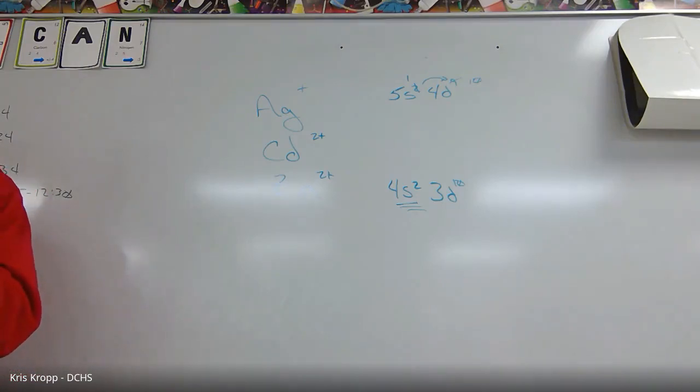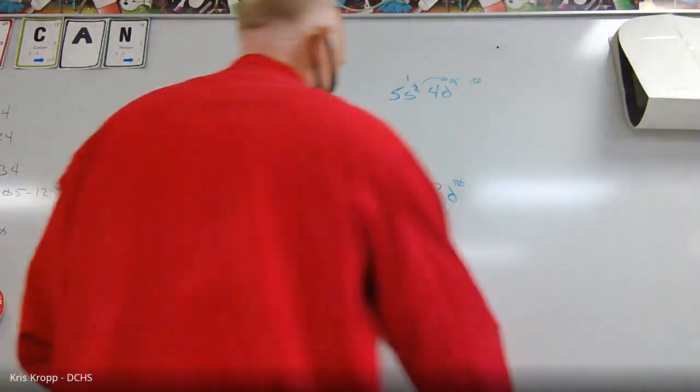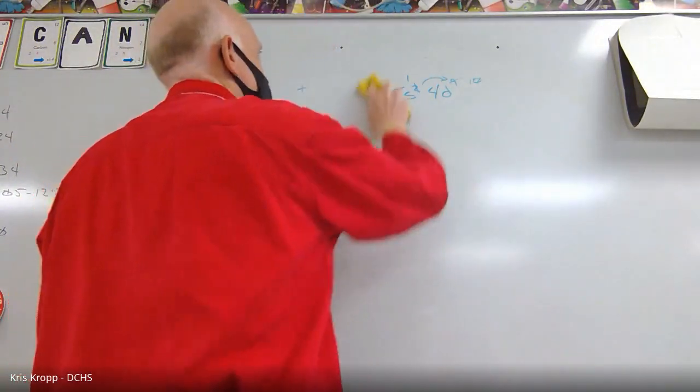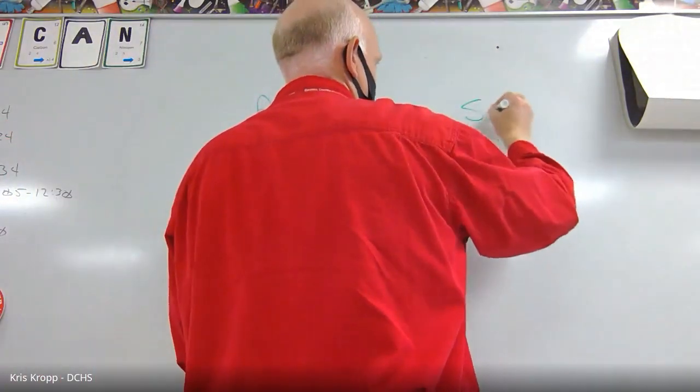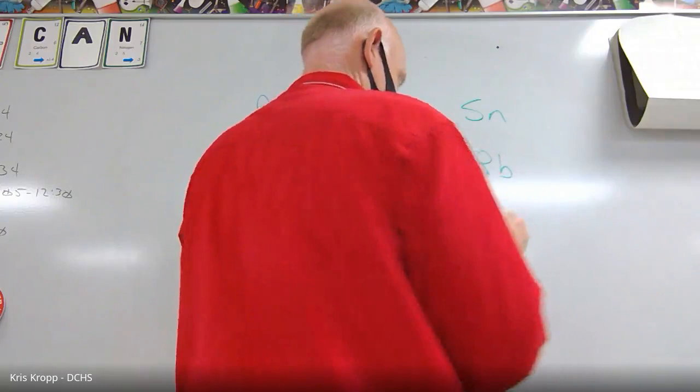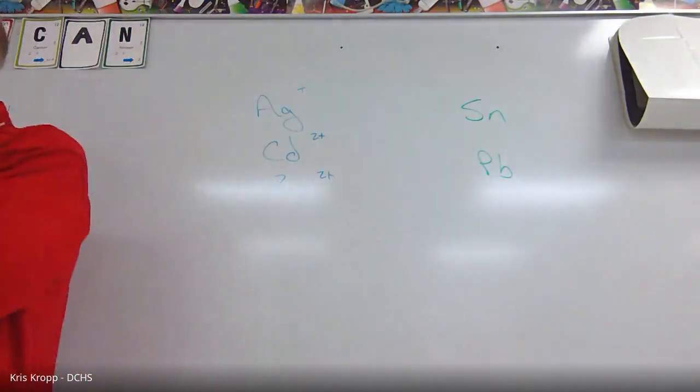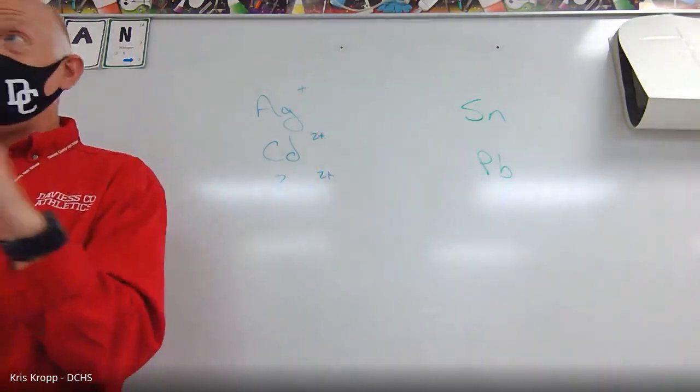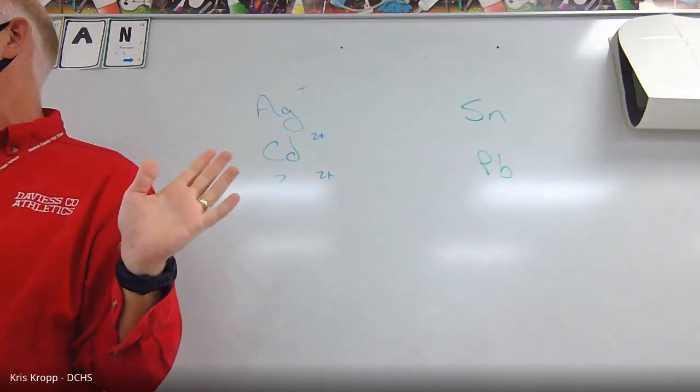But wait, that's not all. I got a deal for you. There are 2 elements in the main block of the periodic table. Now, the main block elements we've been working with for several days, and we've never used a Roman numeral with them, correct?